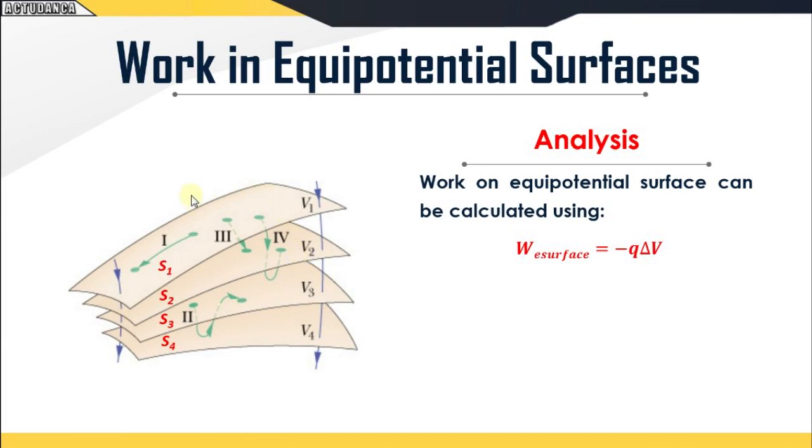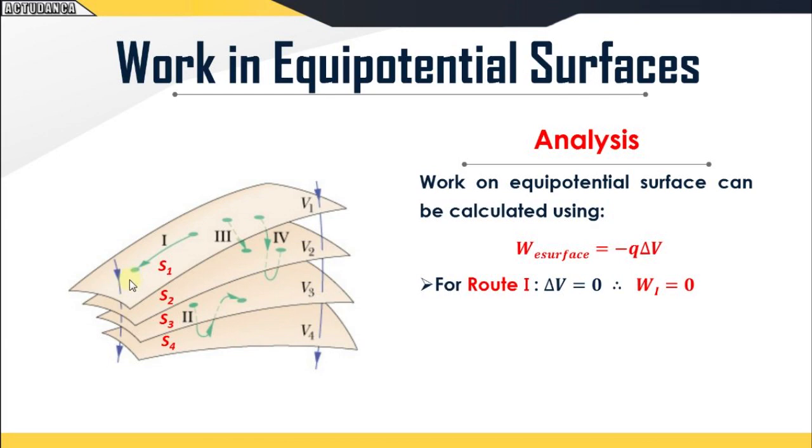So ito ang movement ng ating charges sa ating planes. For route 1, we can say that ang ating initial point ay surface 1 and ang kanyang final point ay surface 1. With this, dahil nasa isang surface lang ang ating 2 points, the potential difference is equal to 0.